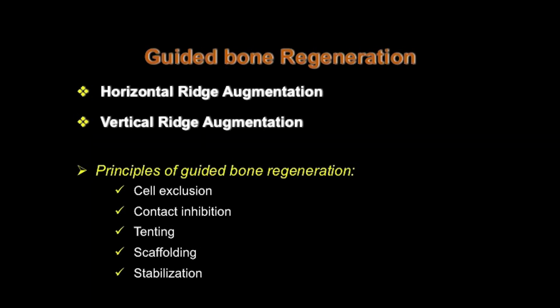Okay, the surgical treatment modalities using the bone graft and the membrane material we call guided bone regeneration, horizontal or vertical ridge augmentation. The principle of guided bone regeneration in a horizontal or vertical manner involves cell occlusion, contact inhibition, tenting, scaffolding, and stabilization.